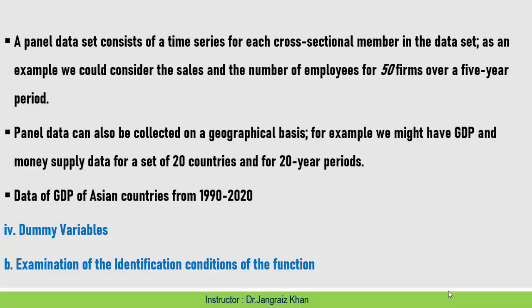Similarly, educated and illiterate, 1 for educated and 0 for illiterate. We will discuss the dummy variables in detail hopefully after the final term.